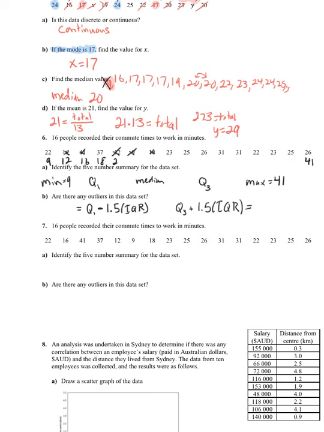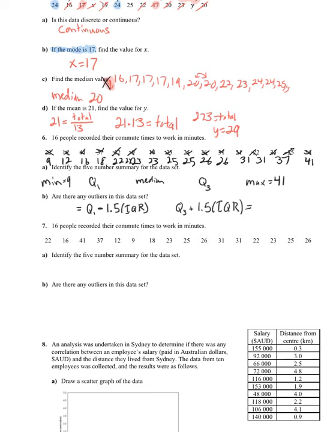So we're going to do 22, 23, 23, 25, 25, 26, 26. I missed a 22 back there. Dang. Okay, so it's 22 over here. And then I have 31, 31, 37.